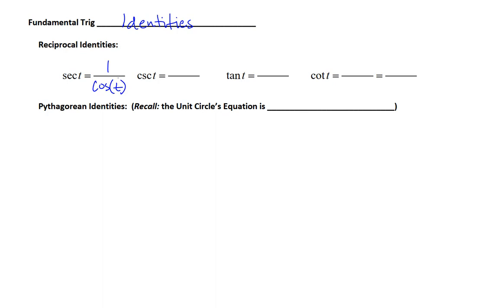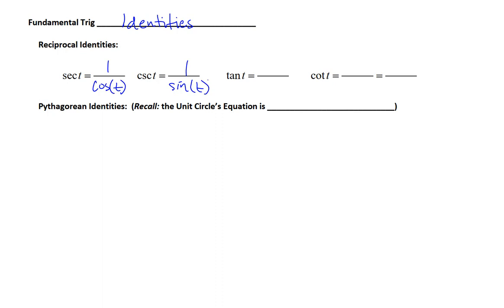We're just replacing the x with cosine of t, which is what it is. Or similarly, cosecant of t would be defined as 1 over y above. Well, if y is really sine of t, then cosecant of t is 1 over sine of t.